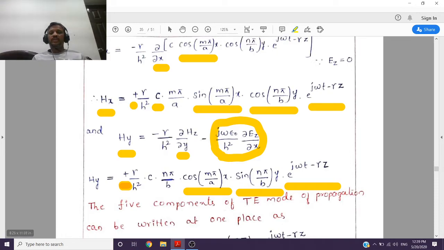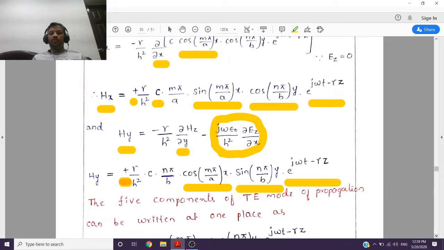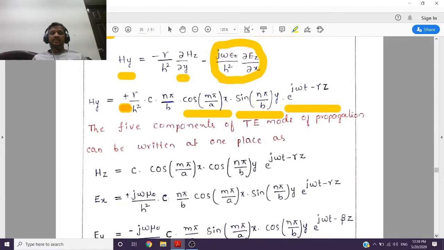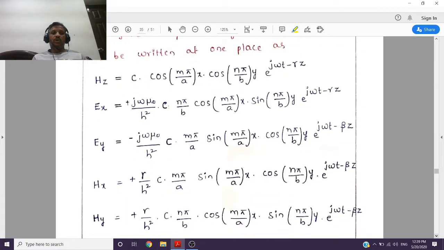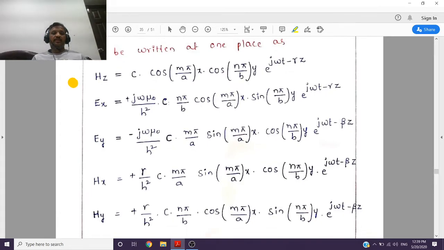So once we get all these four components along with hz, it will be 5. So I'll be showing all the 5 here. This is hz, which is purely cos and cos, and this is ex, which is cos and sine, ey, which is sine and cos, hx, which is sine and cos, hy, which is cos and sine.